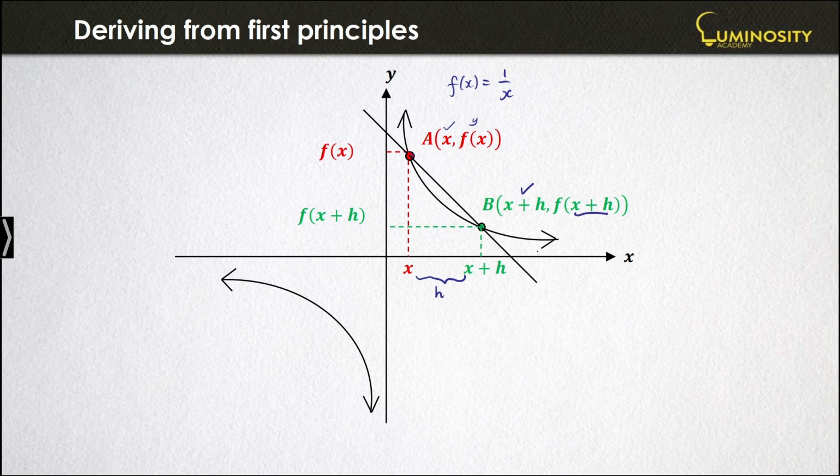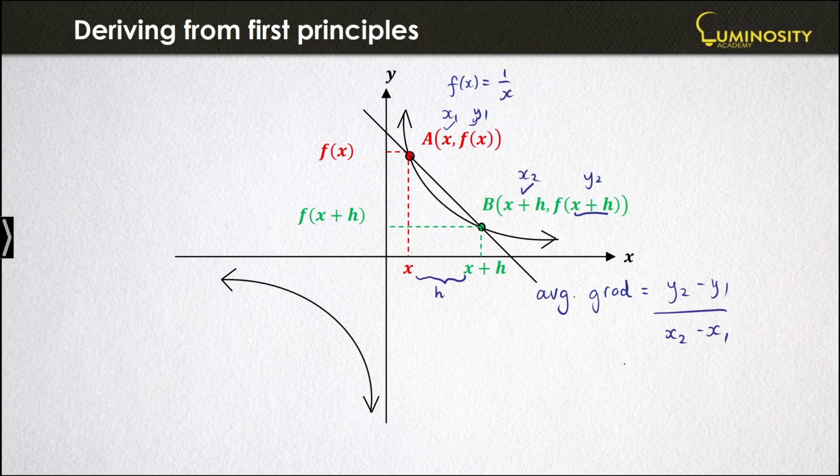Now, if you look at the line that goes between those 2 points, there is an average gradient. The average gradient between those 2 points is essentially the gradient of the straight line between the 2 points. So for example, if this is x1, y1, and this is x2, y2, we know the average gradient is y2 minus y1 over x2 minus x1.